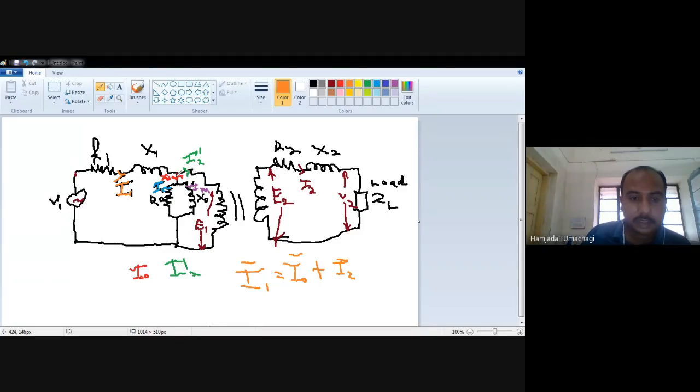Are you getting it, all of you? This component is not there in your circuit diagram, so for that sake I have taken the help of the paint option and redrawn the circuit once again. Here there is I0 and here there is I2 dash.